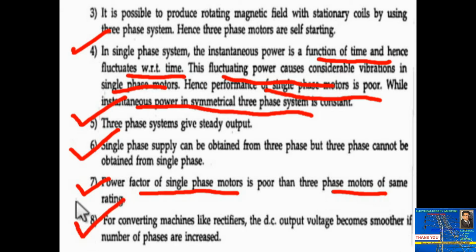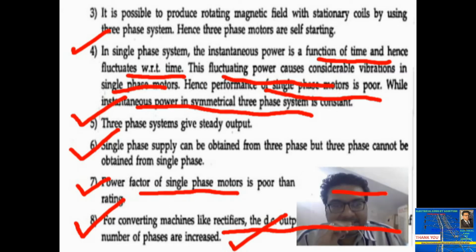And for converting machines like rectifiers, the DC output voltage becomes smoother if the number of phases is increased. So guys, in all cases polyphase systems have important and considerable advantages.